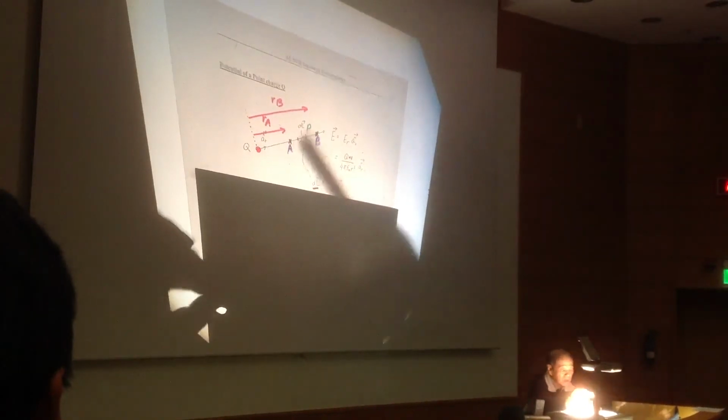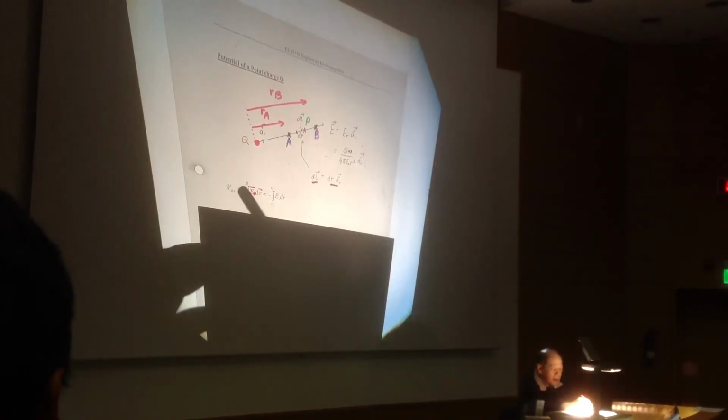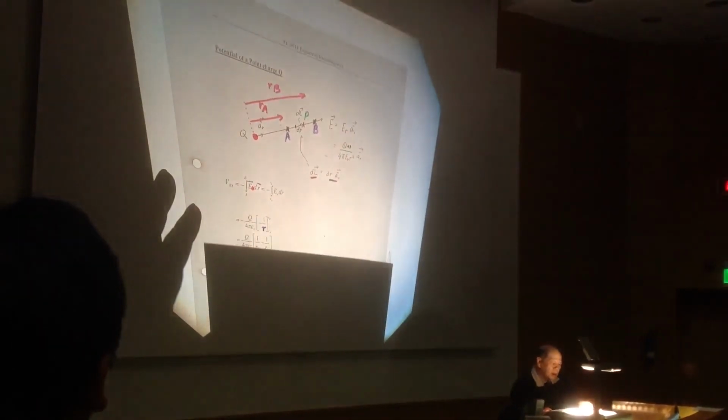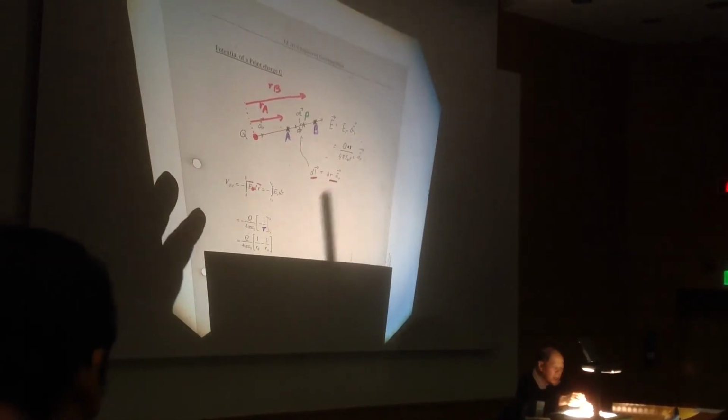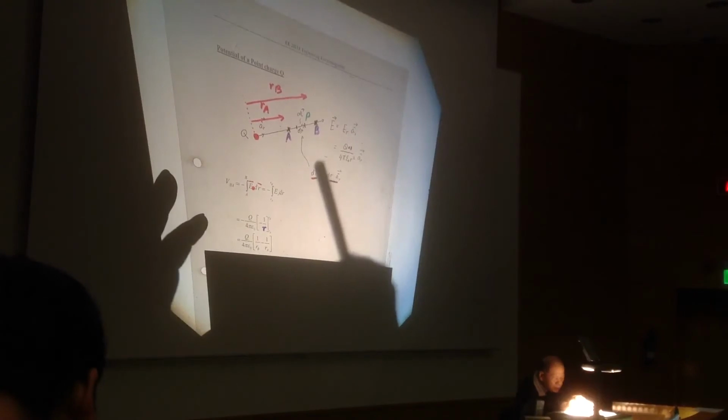So the work done against it will be equal to VBA, which is minus integral A to B, E dot dr, actually the R of here. Now, when you do this kind of integral, E dot dl, you always keep the dr positive.